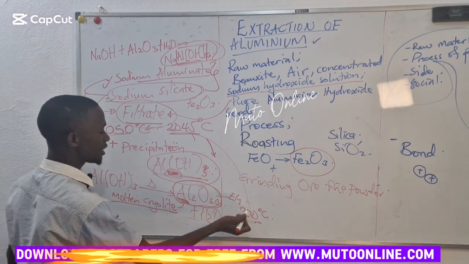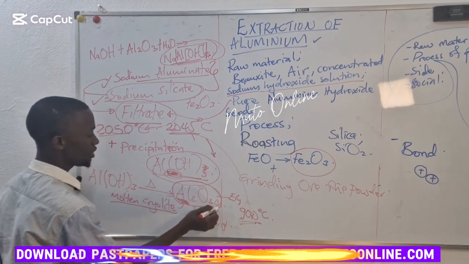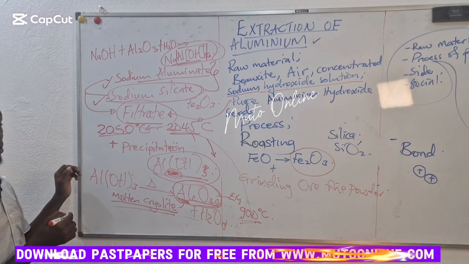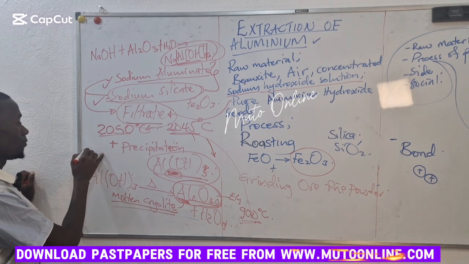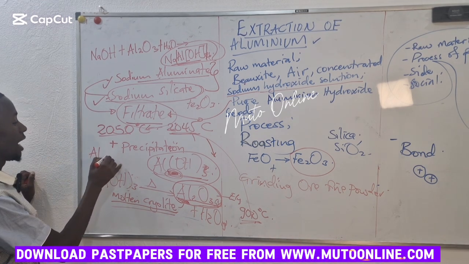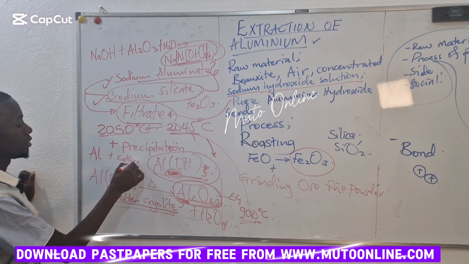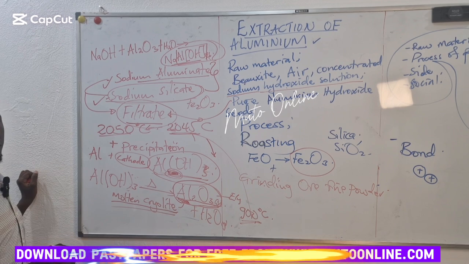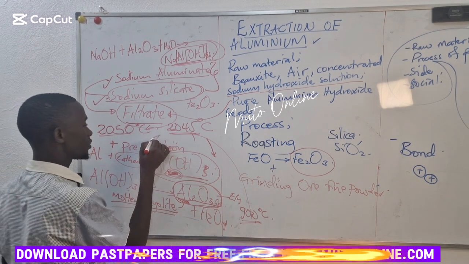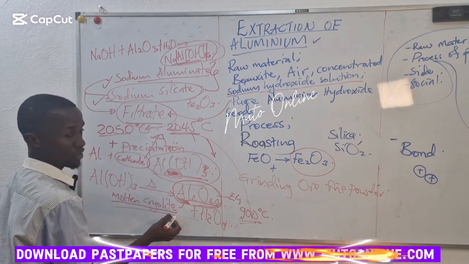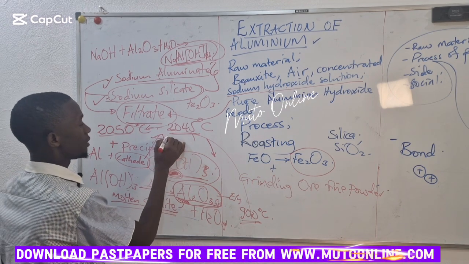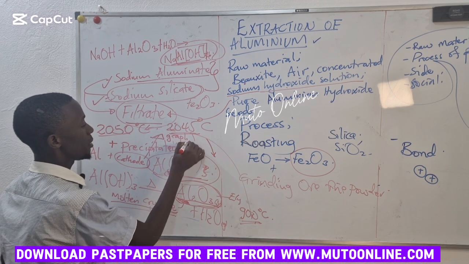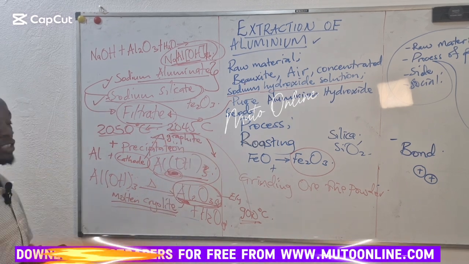The electrolysis of this molten aluminium oxide in molten cryolite results in formation of aluminium at the cathode. At the cathode, aluminium shall be formed. This process occurs in the presence of graphite being used as the electrodes.